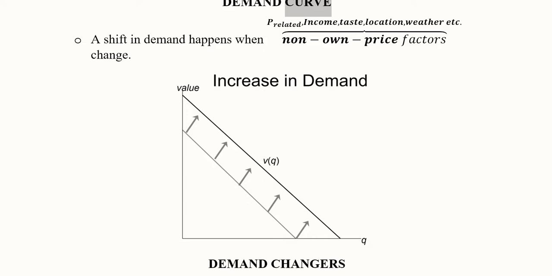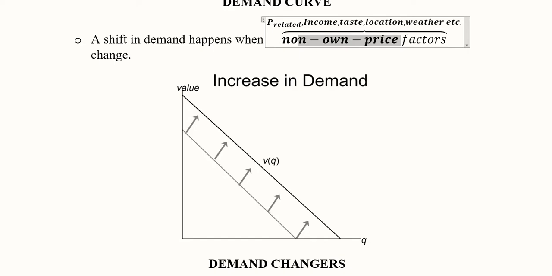Now, what are the factors that are capable of causing a change in the demand, either increase or decrease? They are the non-price factors. When I say non-price factors, it means that they are not related to the price of the same good. It can be a price factor, but not its own price, but the price of some other commodity, that is, the price of a related good.